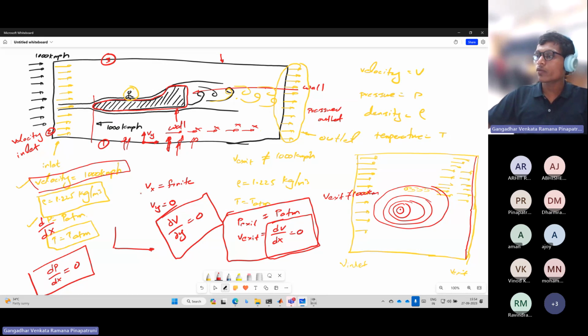Any more queries? Abhishek, do you have any query? Ajoy, Aman, Dharmaraj, Mohammed, Mohit, Pragya, Priyanshu, Vinod, any queries? If no queries, you can type in WhatsApp, no queries, sir, and then we can move to the next concept.